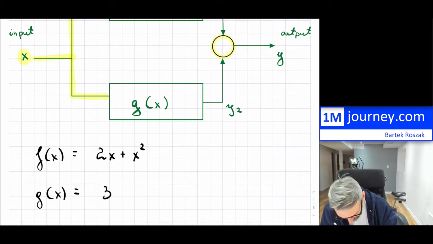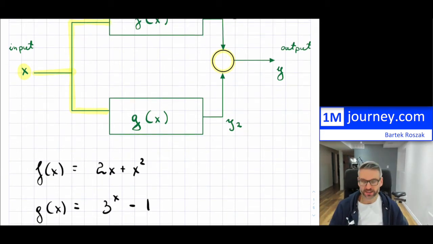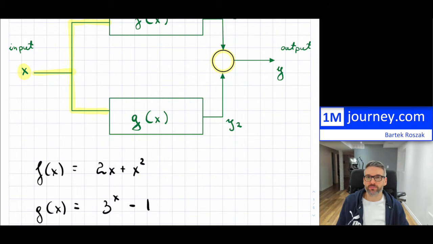So let's say maybe 3 to the x, I don't know, minus 1. So if these are my functions, I could literally say, oh, okay, maybe I wanted to add them. Maybe I wanted to subtract them. Maybe I wanted to multiply them. So one of these things, now you might say, well, why would you want to be doing that? Well, there are applications where this is useful.